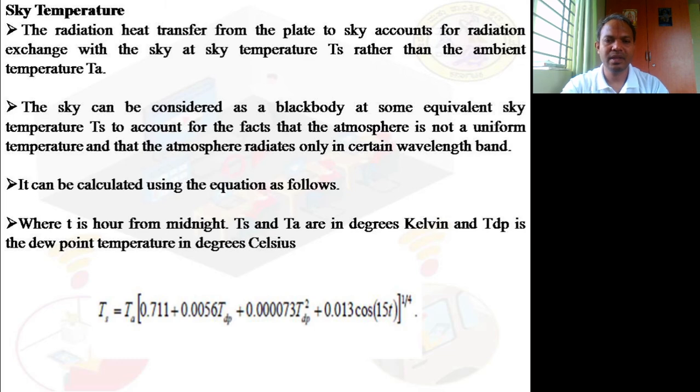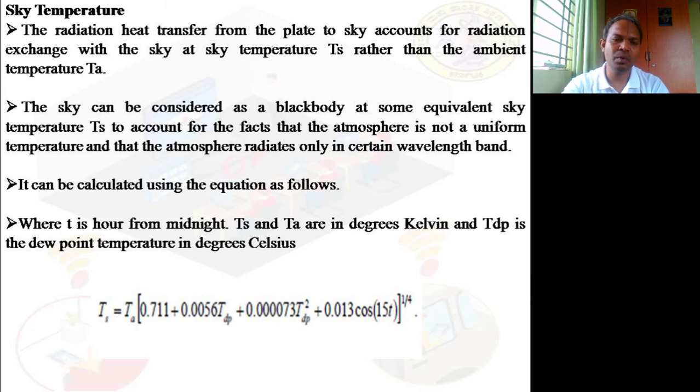There is no derivation for you here. By standard research, we have arrived at Ts = Ta into (0.711 + 0.0056 Tdp + 0.000073 Tdp squared + 0.013 cos(15t)) to the power of 1/4.